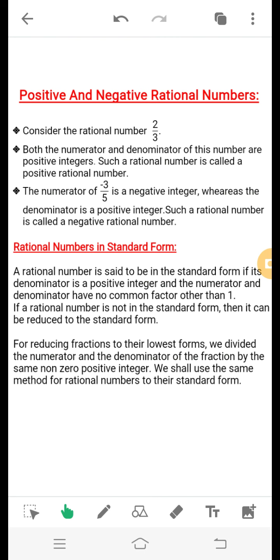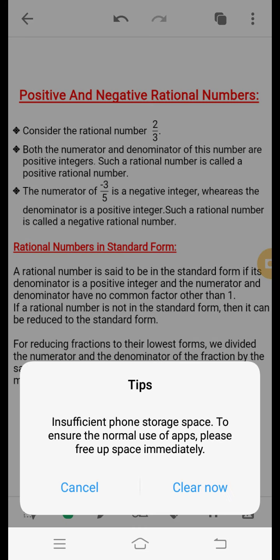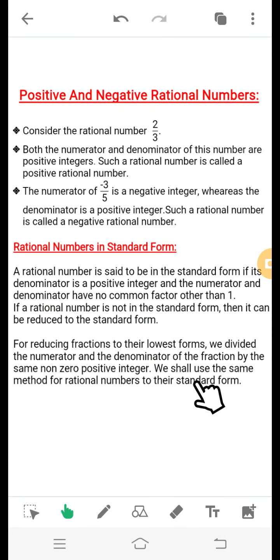The same concept applies to rational numbers. For reducing fractions to their lowest form, we divide the numerator and the denominator by the same non-zero positive integer. The same method applies here for rational numbers to reach the standard form.